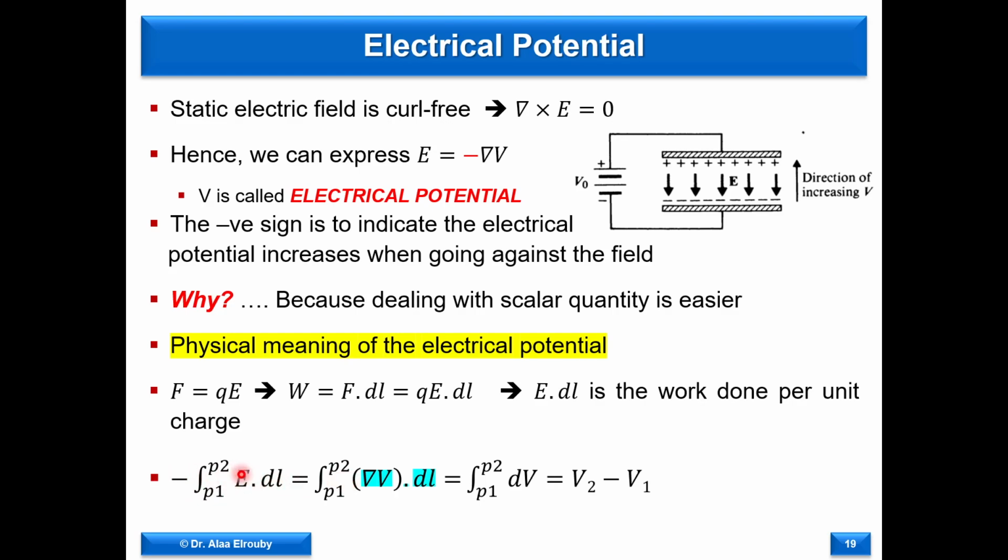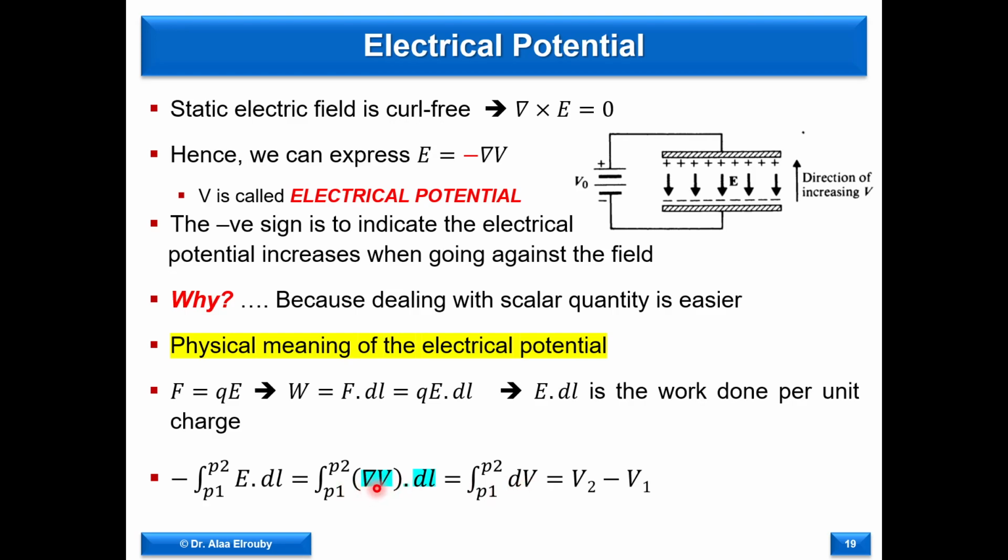So minus the electric field will be the gradient of V. So gradient of V dot dl, if you go back and review the last lecture of the vector algebra when we talked about the physical meaning of the gradient function, when it is dot product with a unit vector or with a vector, it means the change of potential along this line, which is delta V. So V here is not the volume, V here is the electric potential.